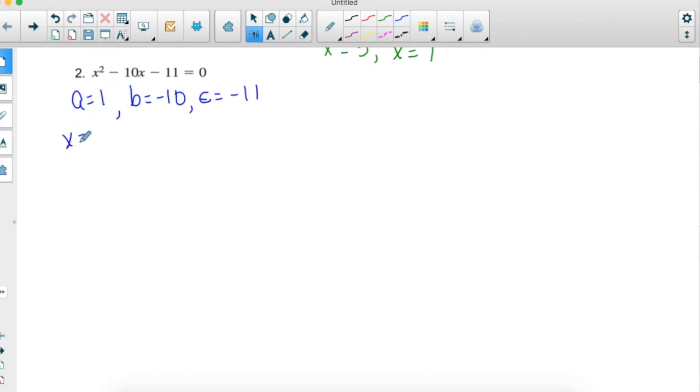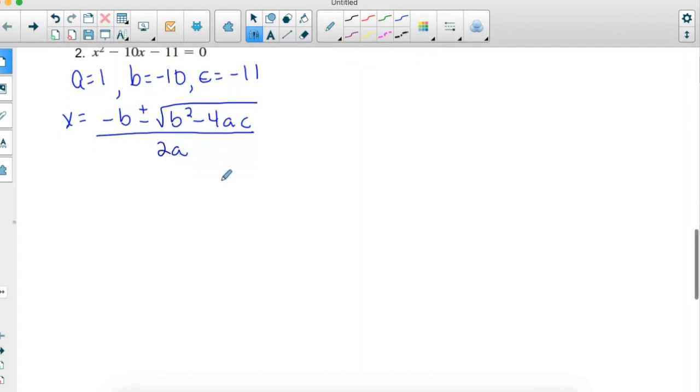So the formula is x equals negative b plus or minus the square root of b squared minus 4ac, and all of that is over 2 times a. Okay, so now we're going to substitute. We're going to keep the negative, but instead of b, we substitute negative 10, plus or minus.